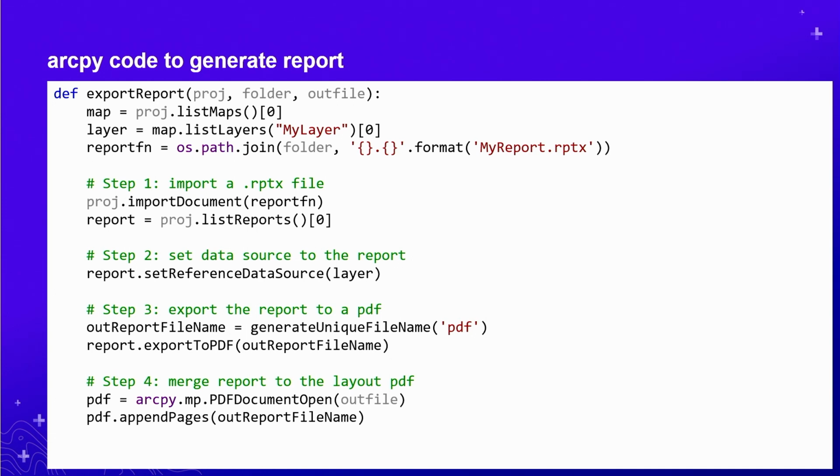So basically the Python file is doing 2 things. If it is a layout, it says, hey, export the layout to PDF. Then it passes to this export report function, which generates the report and appends that report PDF into the PDF generated by the export layout function. And that's it. And then save it, close it, and we're done.